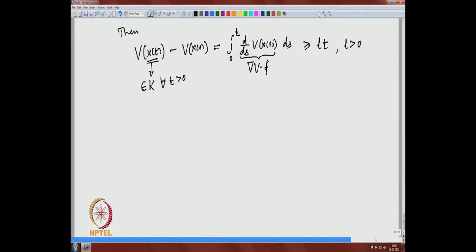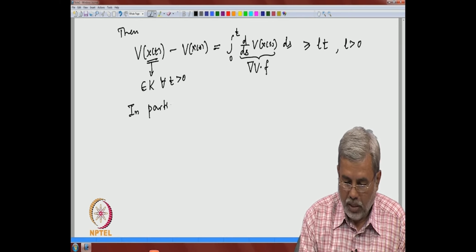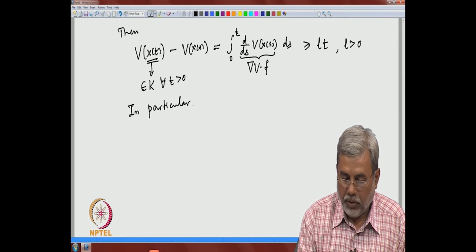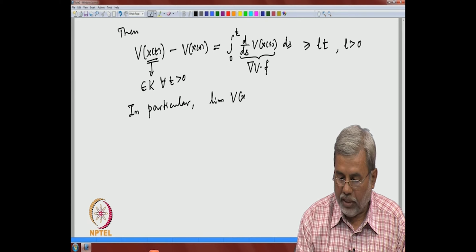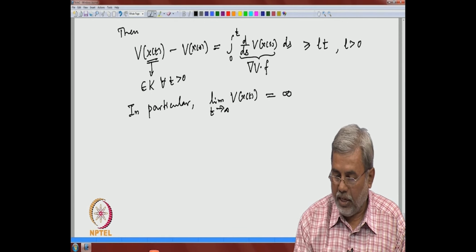Okay. So, in particular, this proves that the limit of V of x t as t tends to infinity is infinity. Okay.